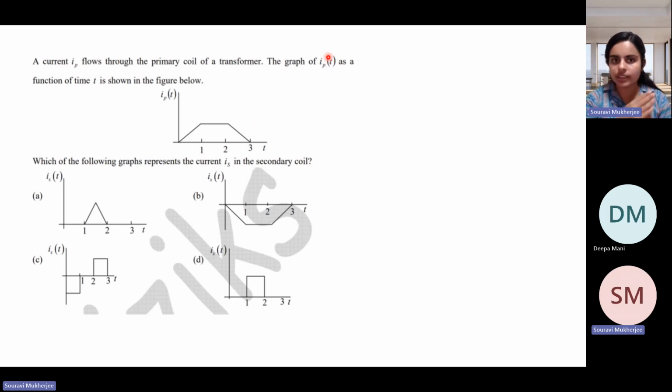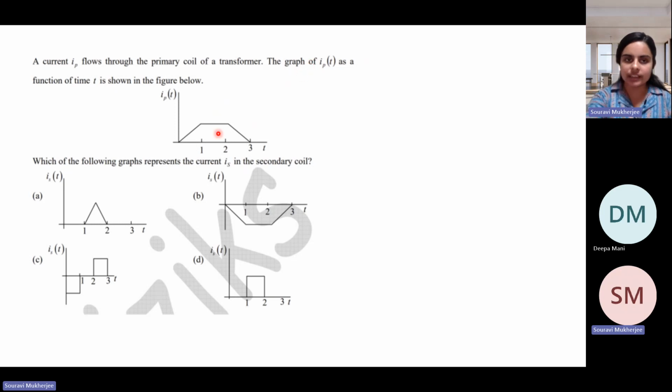So in a way, this tells you that the current that is generated in the secondary coil is actually proportional and opposite to how your current in the primary coil is changing. So you can say that IS is proportional to minus dIP/dt.